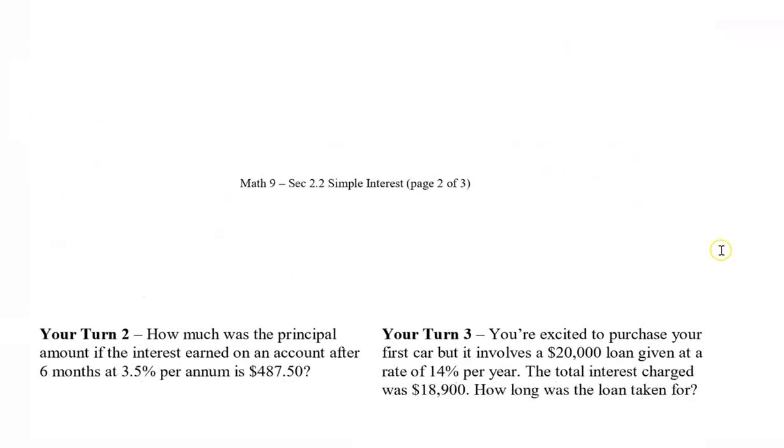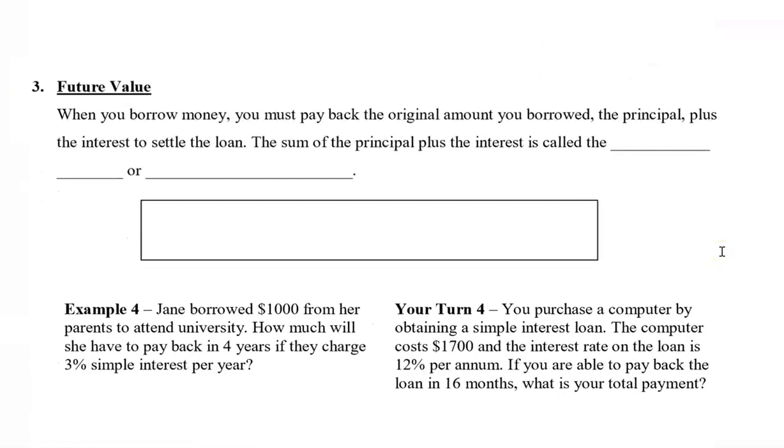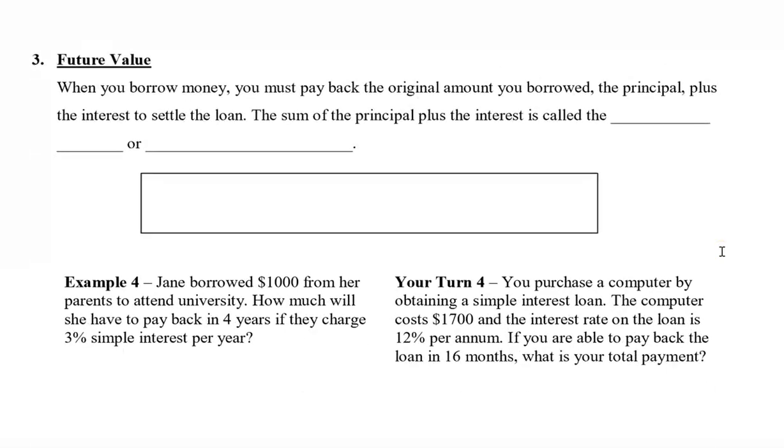All right, finally what I want to show you is how to calculate our future value. So when you borrow money, you don't just pay back the interest, you need to also pay back the original amount that you borrowed. So this sum of the principal plus the interest is called the future value, or sometimes people call it the final amount.